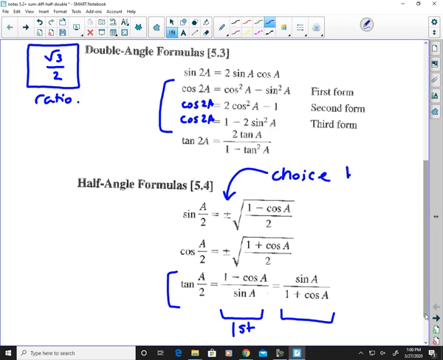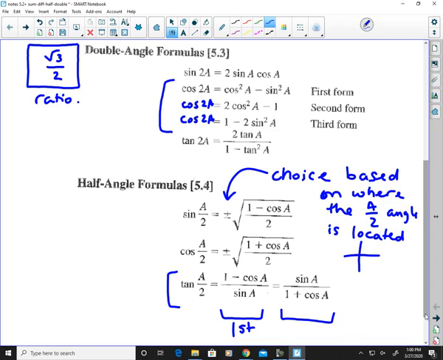This choice is based on where the a over 2 angle is located. And by that I mean what quadrant. So if it's quadrant 1, 2, 3, or 4, depending on that, that would tell you.